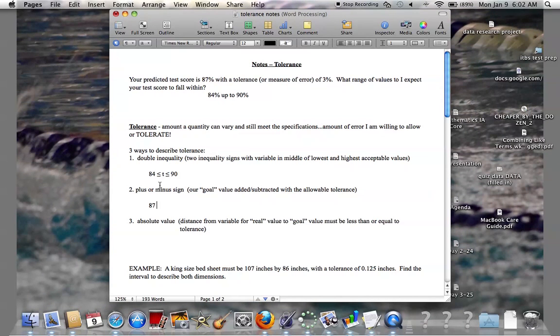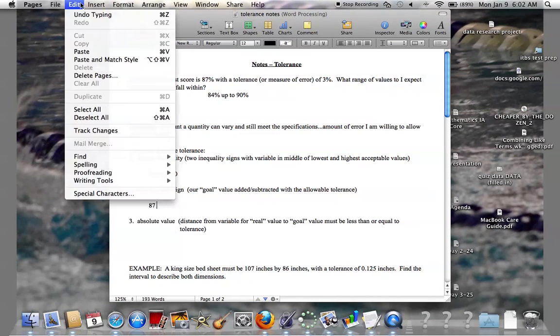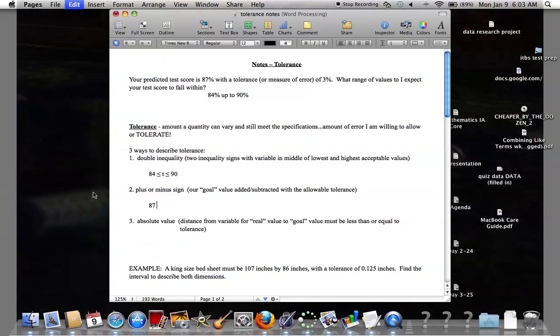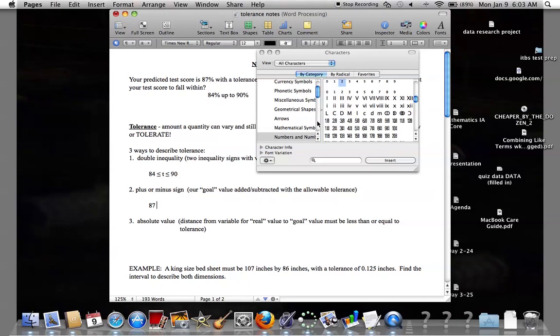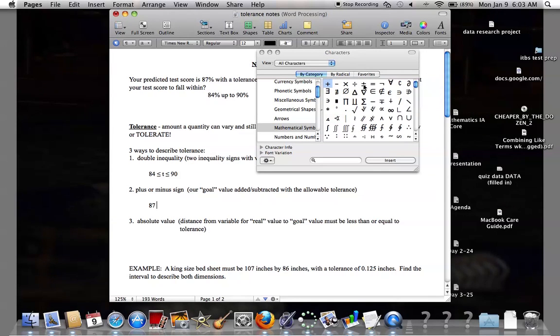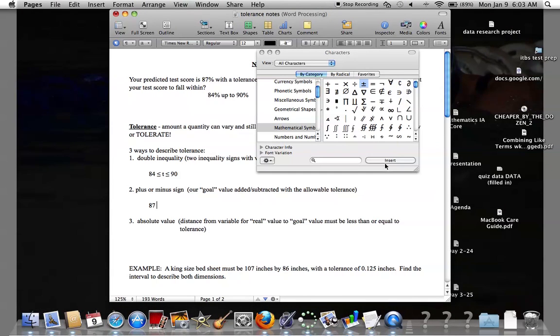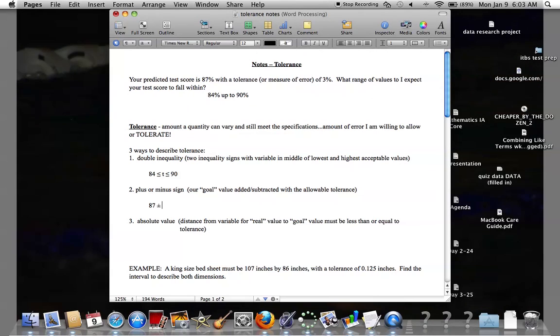There is a plus or minus sign if you go to Edit, Special Characters, and then under Math Symbols, it is right here. As you see, it's a plus sign and a minus sign all in one. So if we insert that, we get a plus or minus sign on our paper.